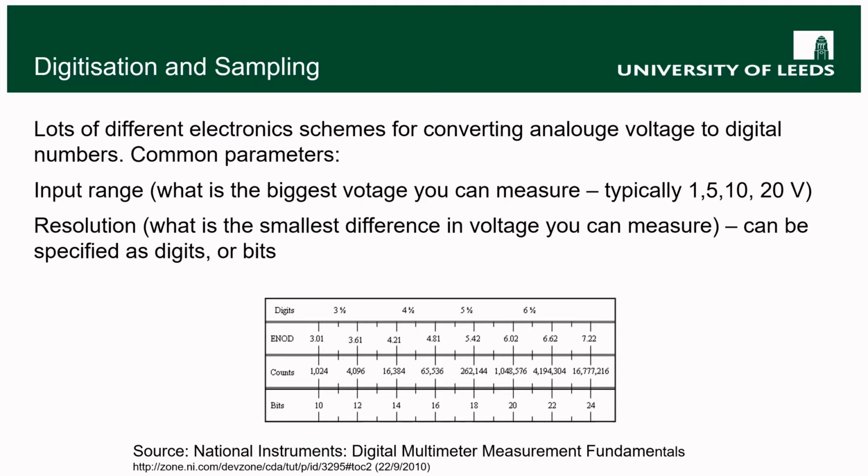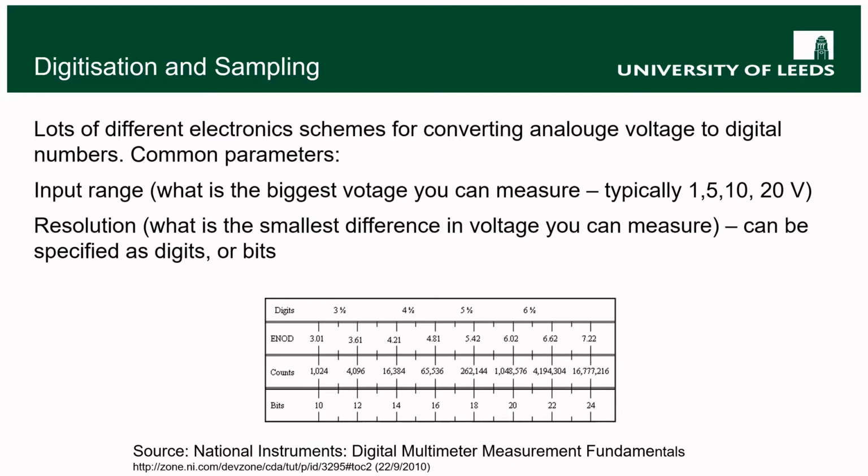Whereas on the other hand, the sort of instrument we tend to use for research measurements tends to be either 5.5 or 6.5 digits or even more. And there you can see we're looking at somewhere between 18 and 20 bits of data.